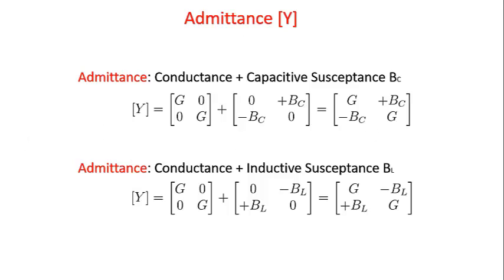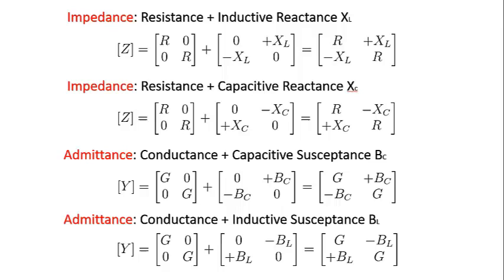And so you can see that there's a nice analogy between the equation for admittance and the equation for impedance. We can put them all together, and you can see the nice pattern. Here you can see that in terms of impedance, the resistance is on the forward diagonal, and in terms of admittance, the conductance is on the forward diagonal. The resistance and the conductance are positive real numbers.